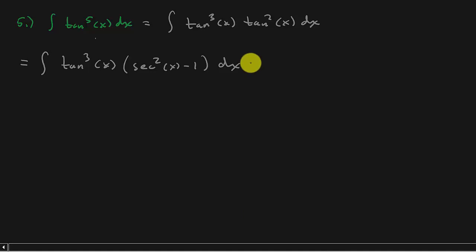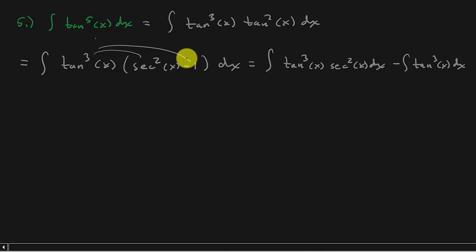Well, I'm thinking here maybe we do tangent cubed x secant squared x dx minus tangent cubed x dx. Okay, distribute the tangent cubed and then split the integral up. Let's try that and see how that works.